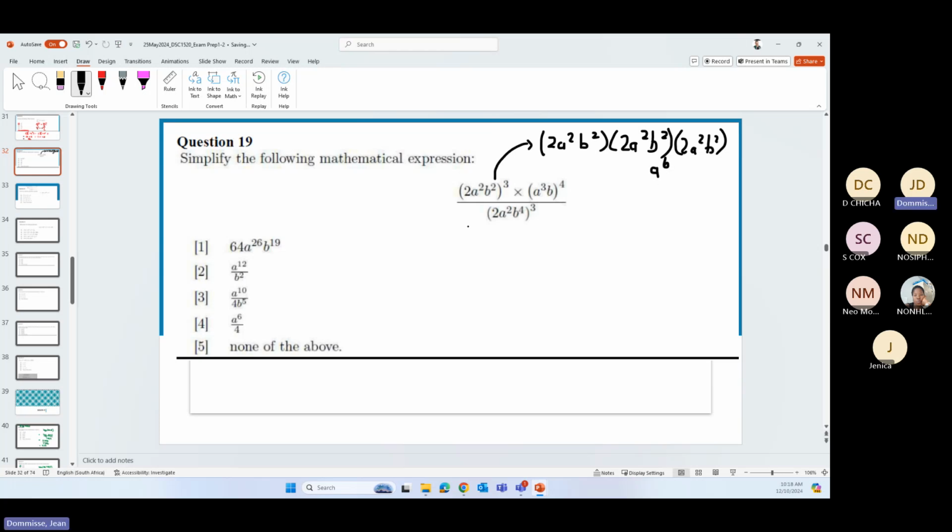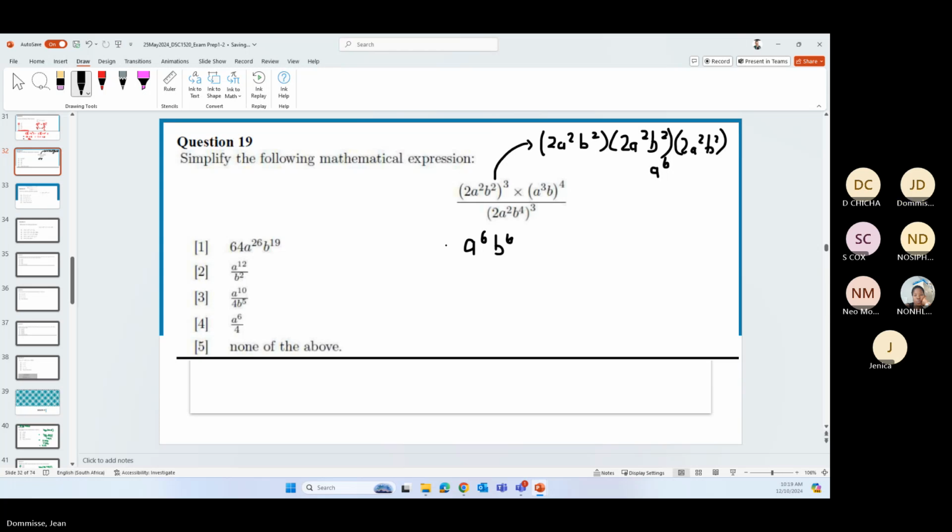So what we actually will do if we see this is to say a, 2 times 3. So that will give us a to the power of 6. b, 2 times 3 is b to the power of 6. So it would also be 2 to the power of 3, which is 2 times 2 times 2.